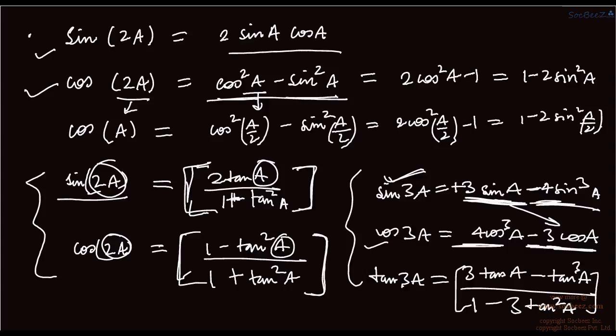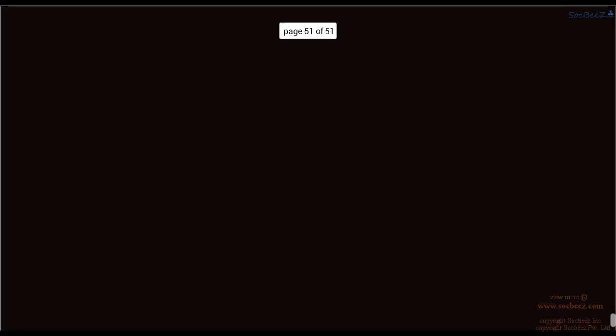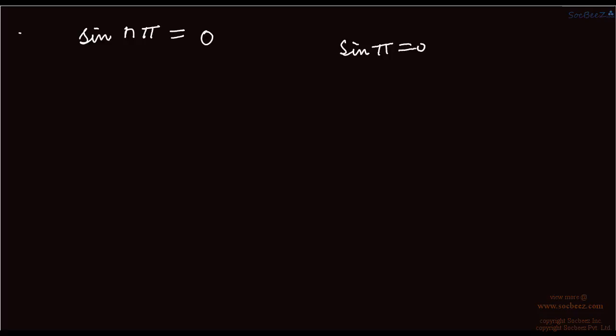Now we'll move on to the important trigonometric ratios. The first one is that sin n pi is 0. N can be anything. If n is 1, then sin pi is equal to 0. N is 2, sin 2 pi is equal to 0.